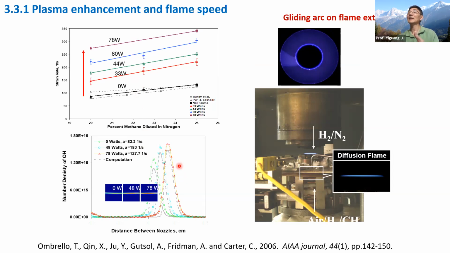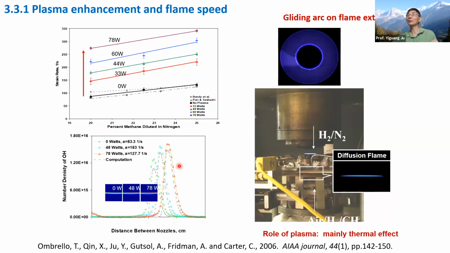It means that plasma has no impact on my OH concentration if the flame temperature is the same, whether raised by plasma heating or by electrical heating. All right, so the plasma only plays a thermal effect to enhance the flame stabilization.